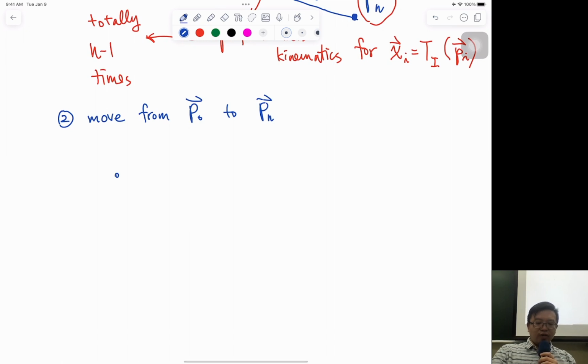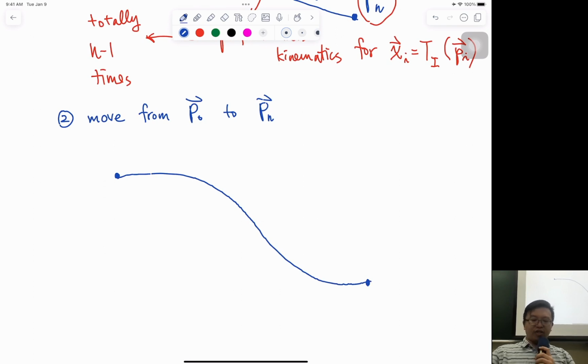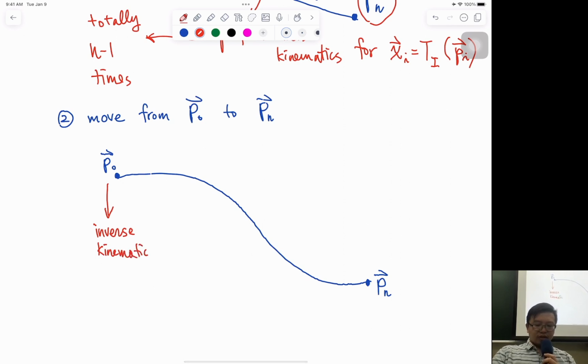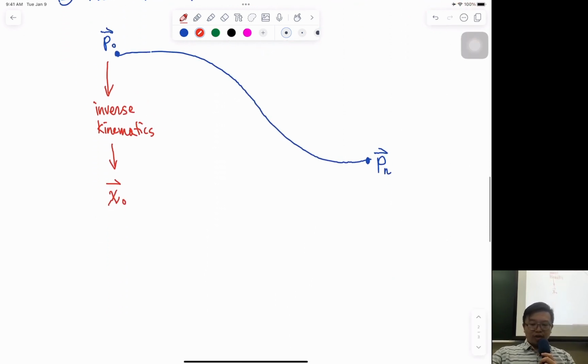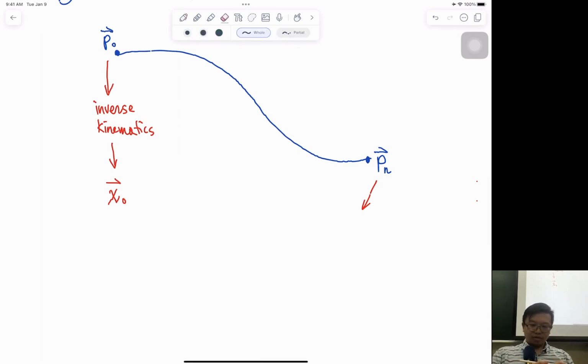So a pretty effective way to do it could be following some kind of curvy trajectory. And I'm gonna tell you what that is. So this is P0, this is Pn, right? What you can do first is to do inverse kinematics. Then you will get the x0. Next, you can perform the same thing for, hold on.